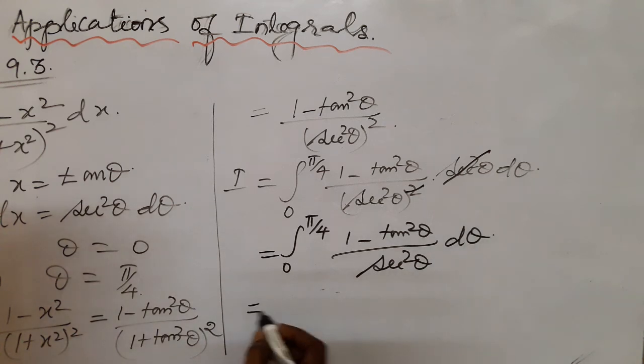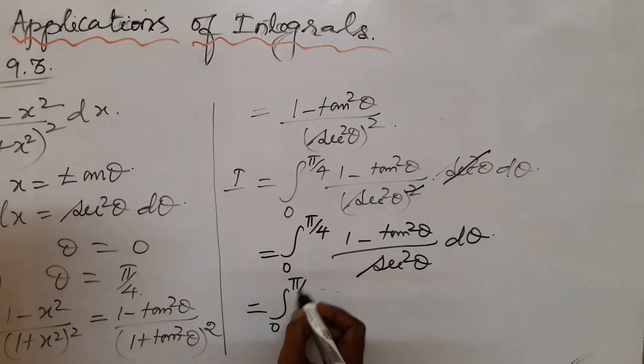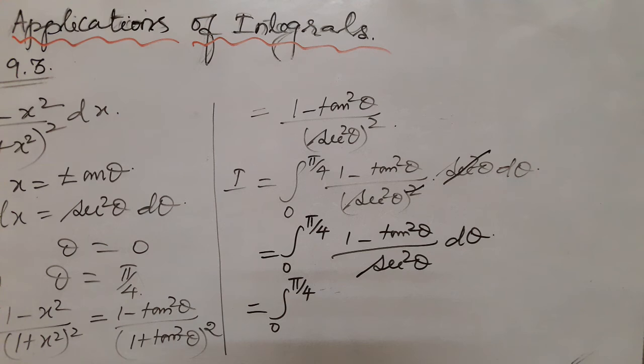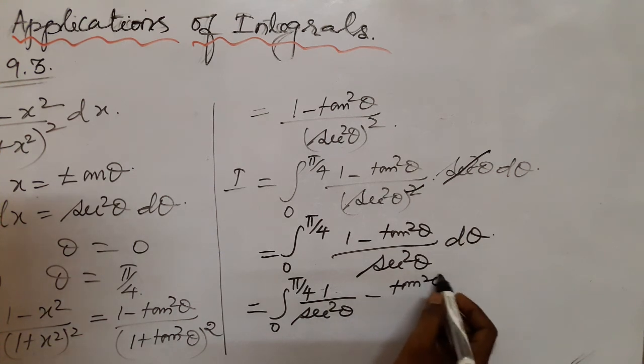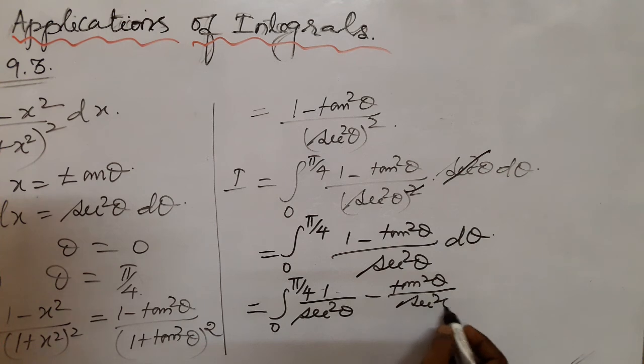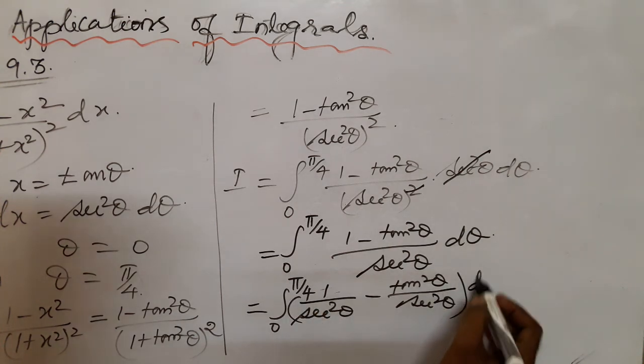So we can split it into 0 to pi by 4, 1 by secant square theta minus tan square theta by secant square theta into d theta.